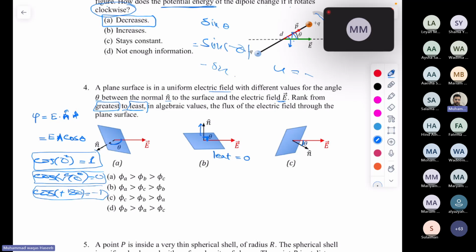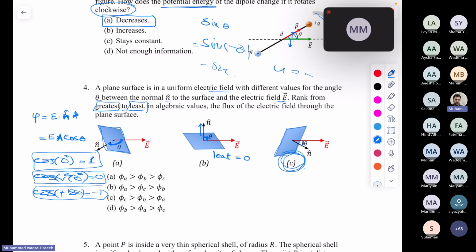Then you have this and this angle. This is more than 90 degrees, and this is tilted as well.